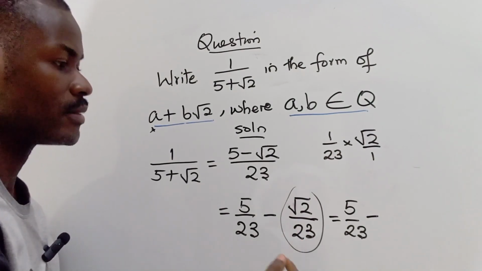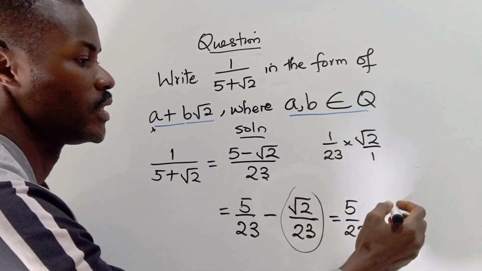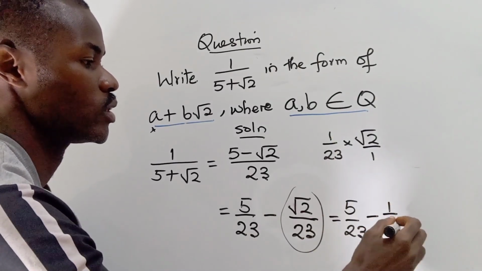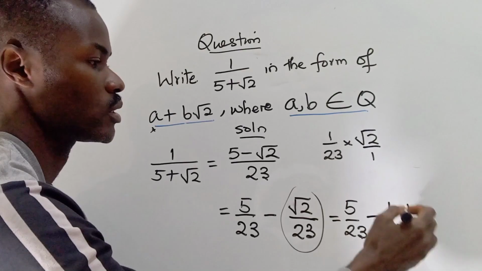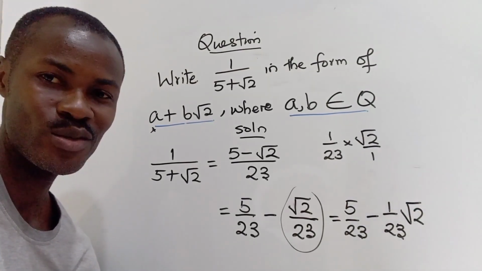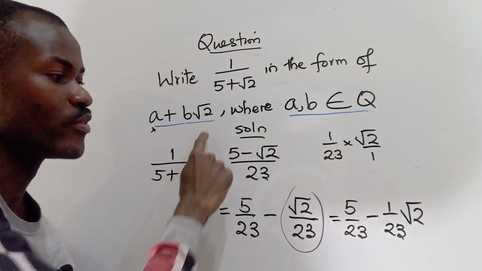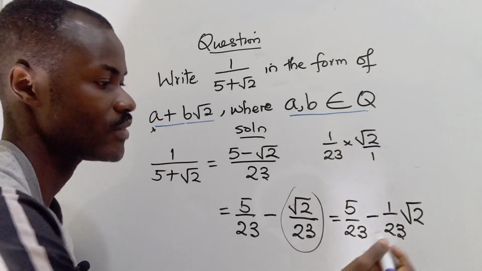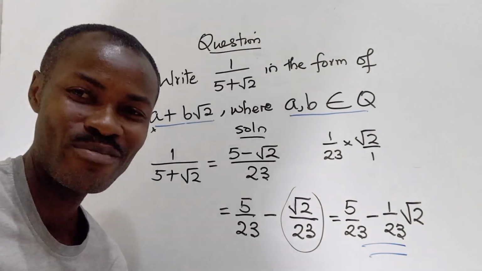So to write this in this form, I'm simply going to use b as 1 over 23. Then we have our root 2. Now, if you look at this, it is now written in this form. So this simply gives us the solution to this problem.